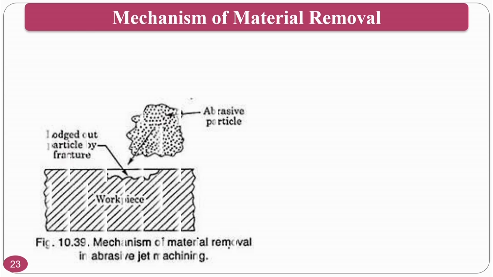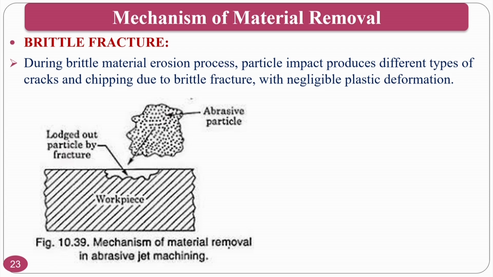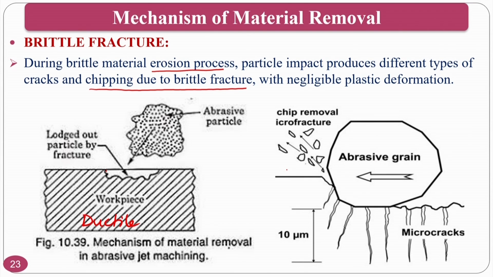So, the material removal mechanism that you have seen in the previous slide is for ductile material. If you are going for brittle material, what will happen during the brittle material erosion process is that the particle impact produces different types of cracks, and the chipping is due to brittle fracture with negligible plastic deformation. Okay. So what you are seeing here is plastic deformation taking place for the ductile material, and what you are going to see here is for a brittle material.